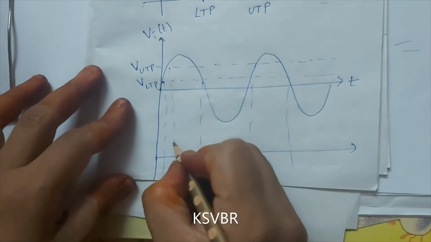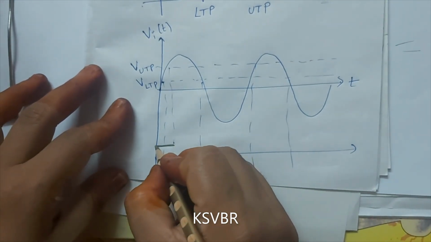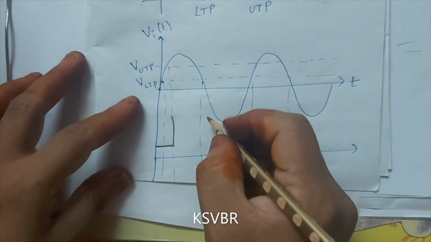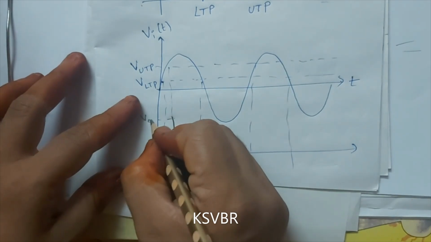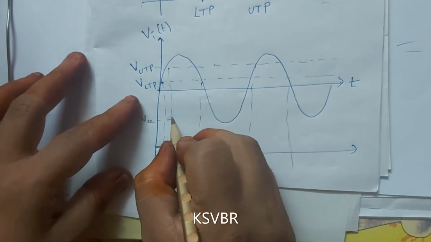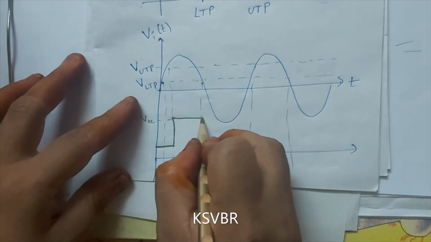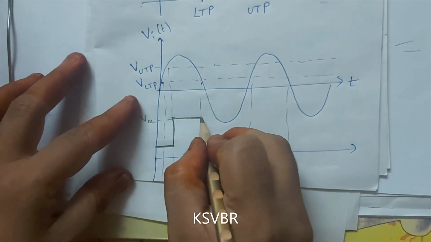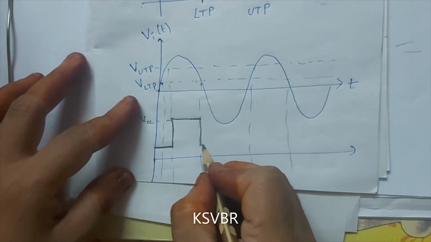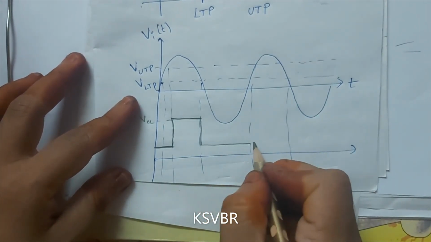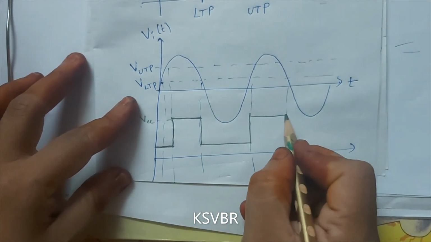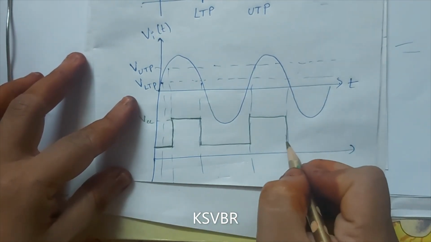This is the UTP point. Till the UTP point, the output is constant. At UTP, it reaches the maximum level VCC here, and from this point, it will search for the LTP point. At LTP, again it falls down until UTP comes into the picture, again rises to VCC, and till LTP it falls like this.